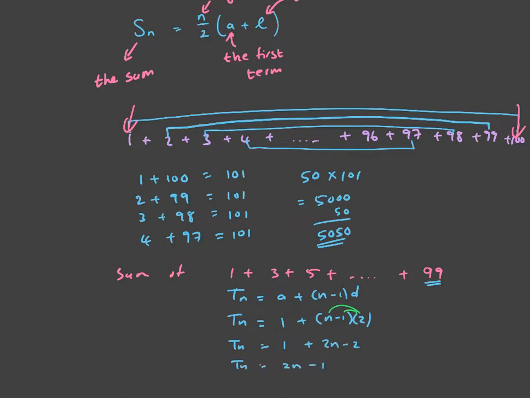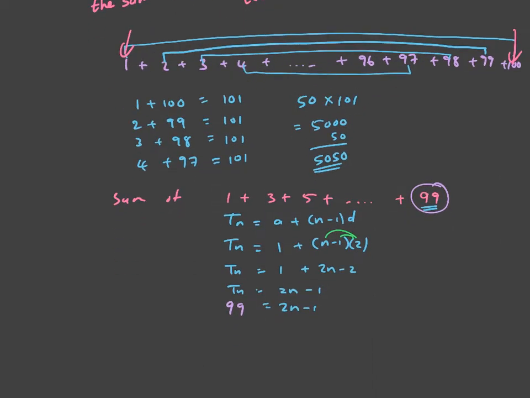So now we know the value of a term. So 99 is equal to 2n minus 1. We want to know which term has a value of 99. So 2n is equal to 99 plus 1, which is 100. So n is equal to 50. So in other words, this will be the 50th term.